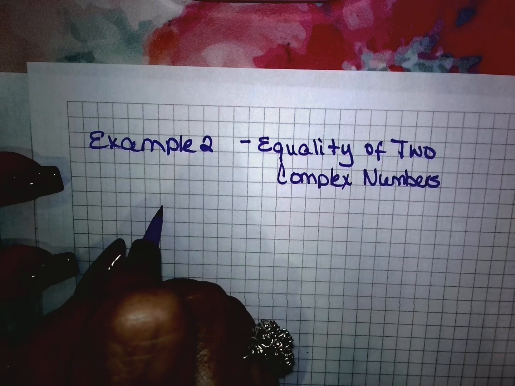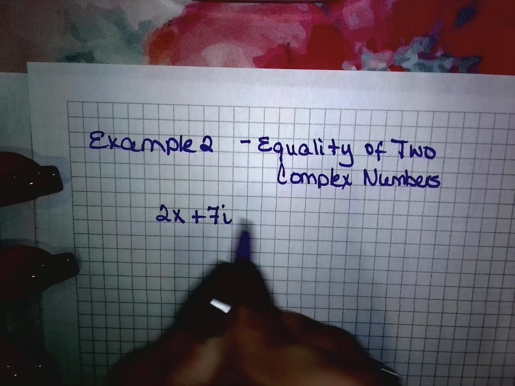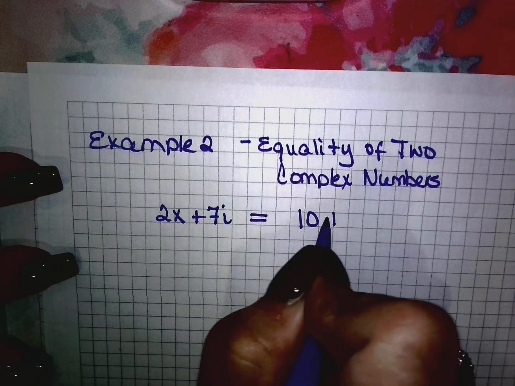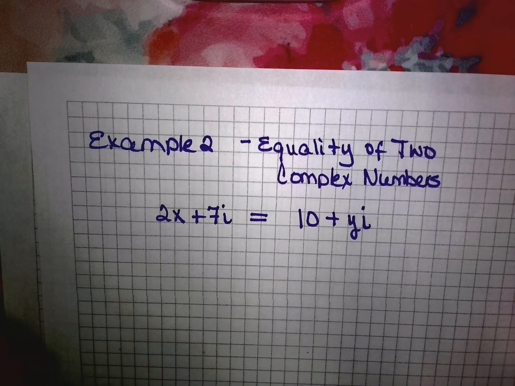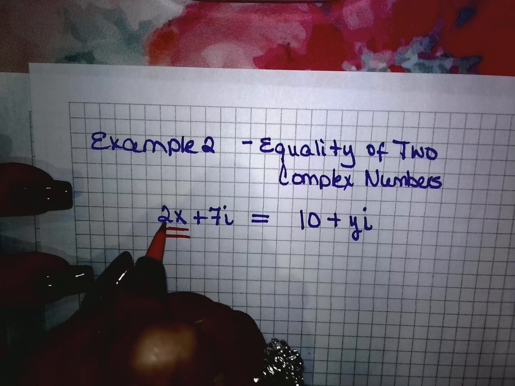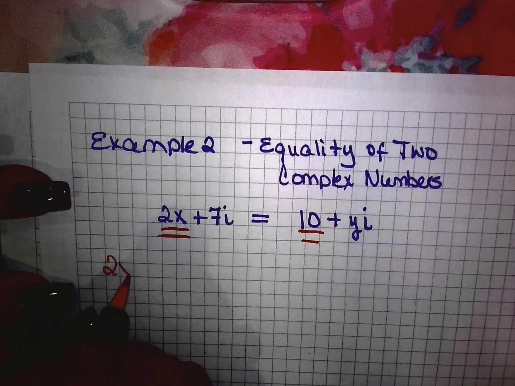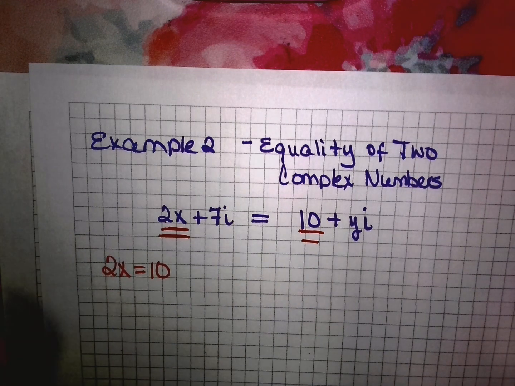If I have the complex number 2x plus 7i, and I have the complex number 10 plus yi, and I tell you that they are equal, what that means is that this real part, 2x, must be equal to the real part of the other complex number, which is 10.